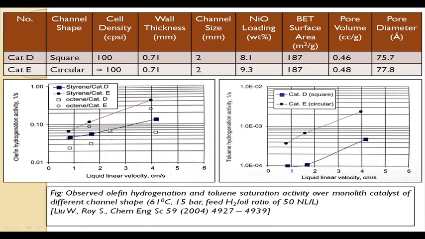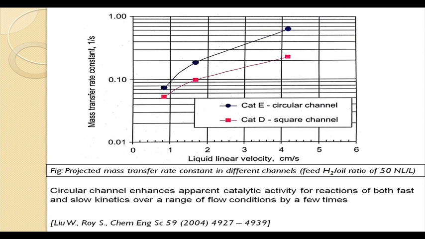Secondly, we find that the conversion rate is much higher for the case of a circular as compared to a square channel, and the enhancement in activity for olefin hydrogenation is about 2 to 3 times, whereas for toluene hydrogenation, which is a slow reaction, I would like to remind you, the increase in activity is about 3 to 5 times, which shows that circular channel enhances the apparent catalytic activity for reactions of both fast and slow kinetics over a range of flow conditions, not only at a few flow conditions, by a few times.